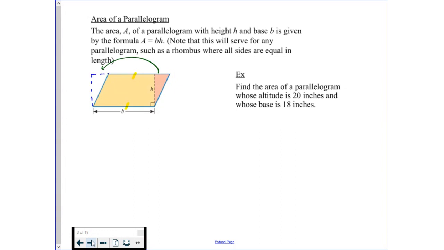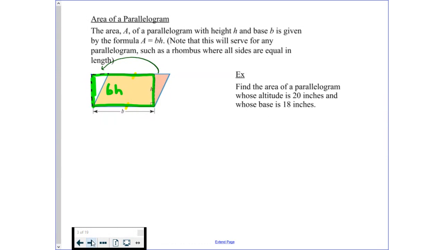So we have B times H. So the area will be B times H, area of a rectangle. So if you ignore this and consider the green one here, the area becomes B times H. So this area is B times H. So the area of a parallelogram is the base times height.